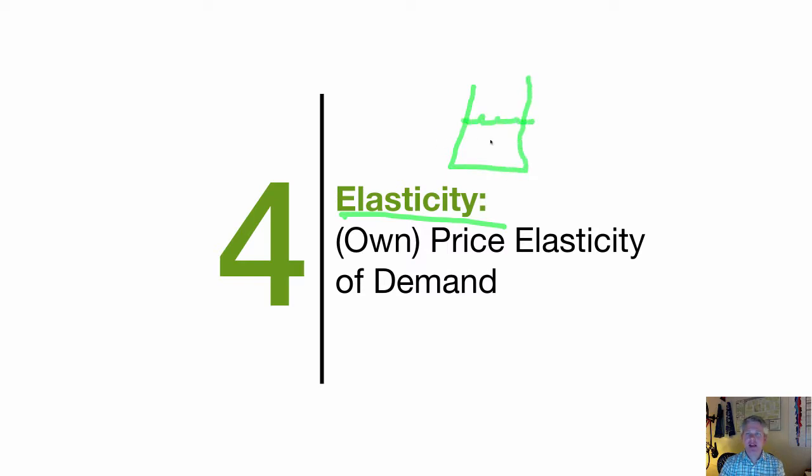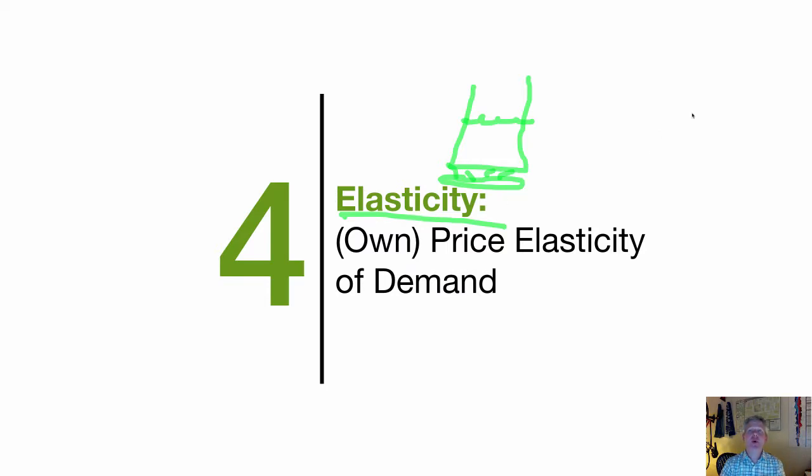If I heat that water, if I add, say, 1 joule, I think that's a measure of heat, 1 joule of energy to this water, how does that change the temperature of the water? How big is the change? So that's what elasticity is about. It's about the magnitude of a change.